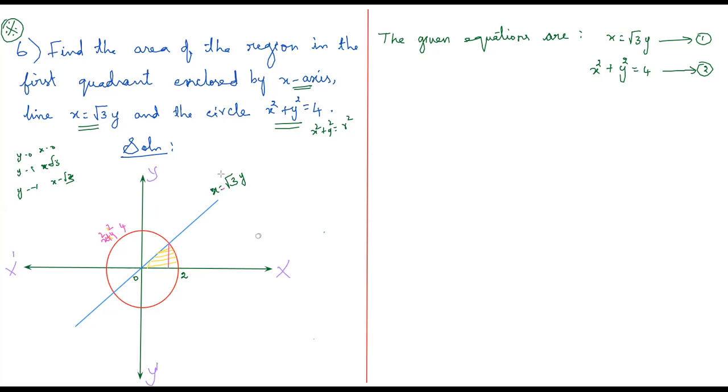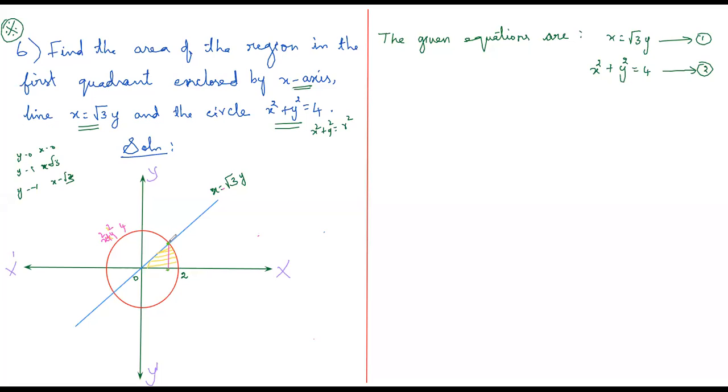So what will be that point? x is equal to root 3 y, right? From that you have to find the x value. You want to find the limit of this, right?